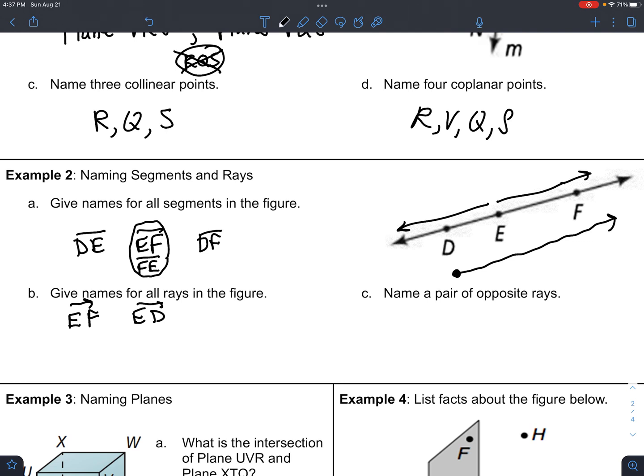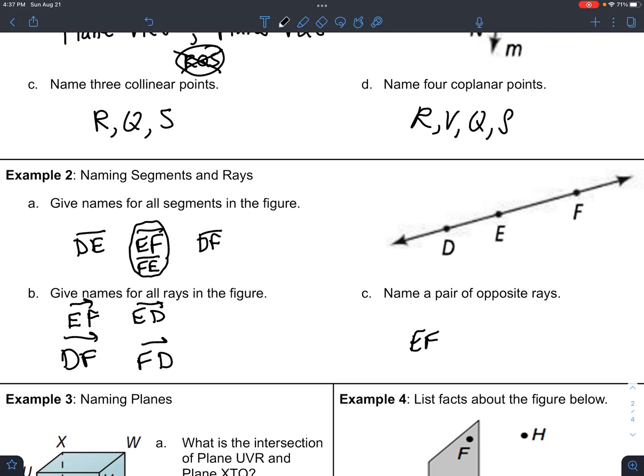So it has a different endpoint. You see, so DF is actually something completely different, and FD is something completely different as well. Okay, so there's 4. And opposite rays, I would just go with the first 2 that we wrote, EF and ED.